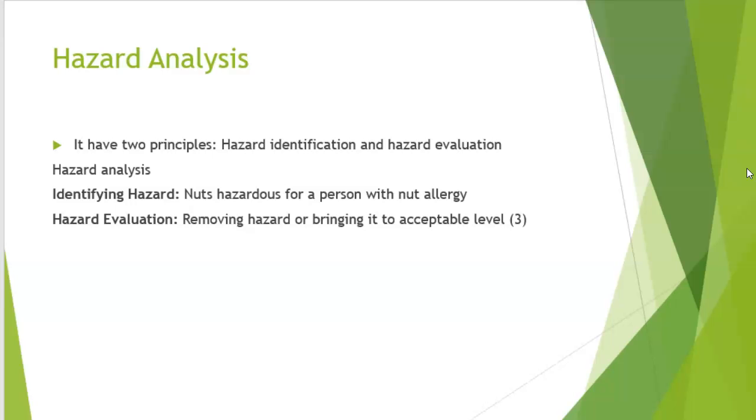So how can we remove that hazard? For that we do hazard evaluation. How can we bring it to acceptable levels? Like we use pesticide in crops, and it's not necessary that 100% of everything is removed. Some part of the chemical comes in our food. So how can we decrease that level of toxicity so that it doesn't harm even after consumption.